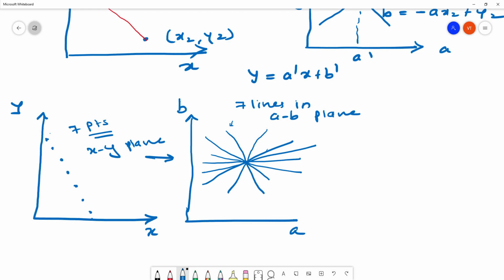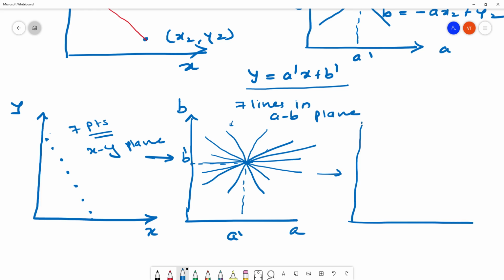That common point will give us a dash, b dash, and with the help of this we can get the straight line equation and plot a line which passes through these 7 points.